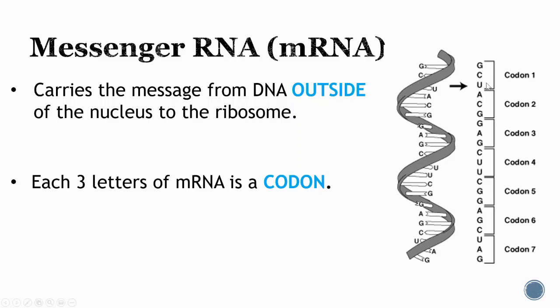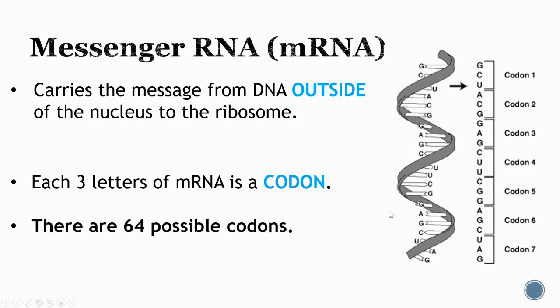So GCU would be a codon. ACG is a codon. And with those 4 letters, we can make 64 possible different combinations. Remember, a codon is a group of 3 letters, and there are 64 possible different codons.